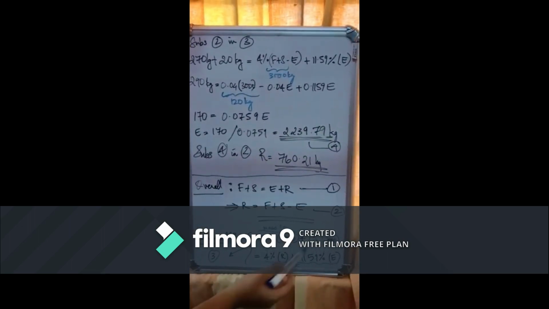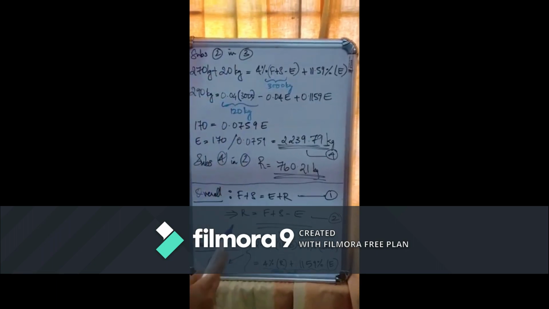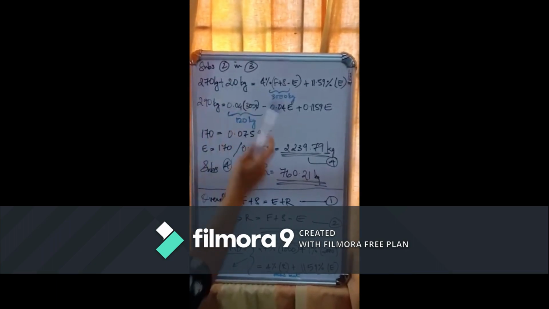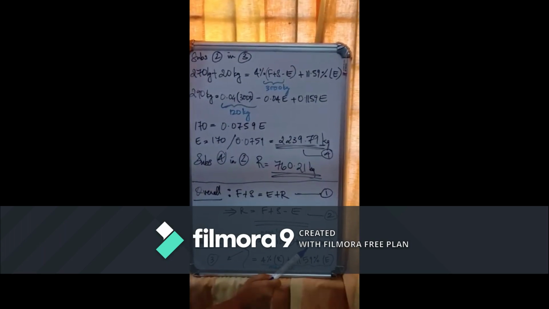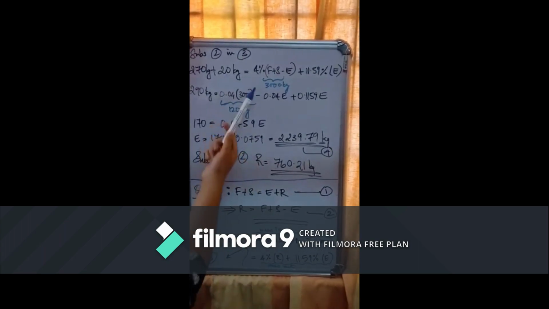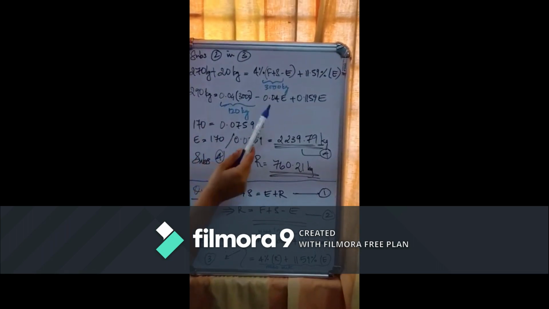Okay, so substituting 2 in 3, you'll find that 27% of 1000 is 270, and 1% of 2000 is 20. So adding that together, 290.